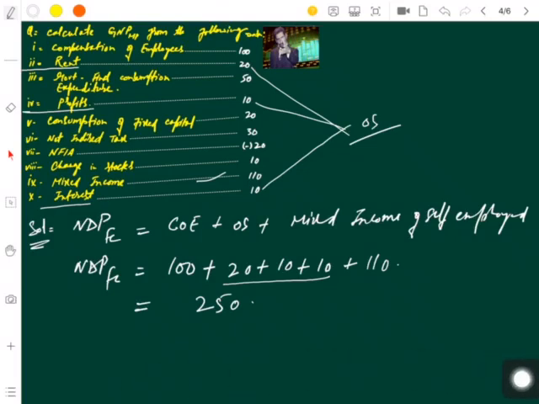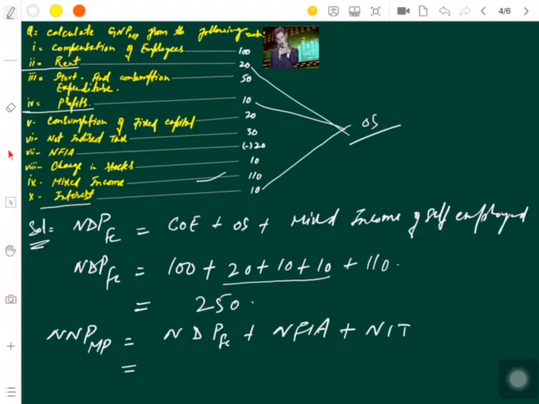Second thing we will talk about now, from NDP-FC, we may reach NNP-MP, which is equal to NDP-FC plus net factor income from abroad plus NIT. I'll put NIT in because I'll make it at MP, because we have been given NIT, so I'll use it.